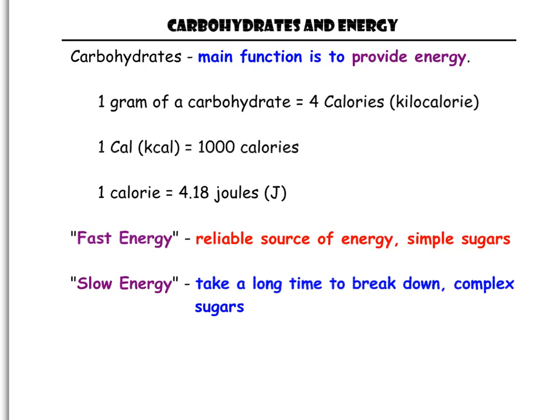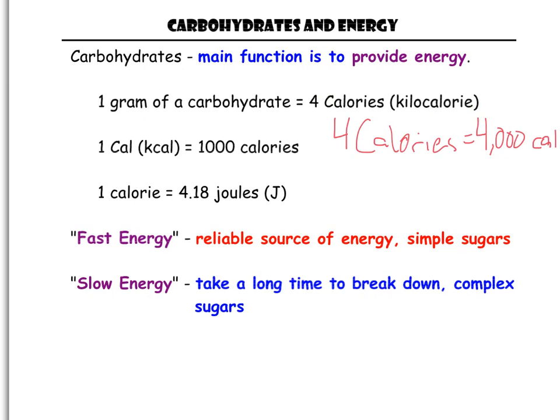One thing to know with carbohydrates is 1 gram of a carbohydrate is equal to 4 calories. Now, the key thing with calories here is that we have this capital C, because it actually is going to be a kilocalorie. I know it's a really confusing way to do this, but 4 calories with capital C is actually equal to 4,000 calories with a lowercase c.